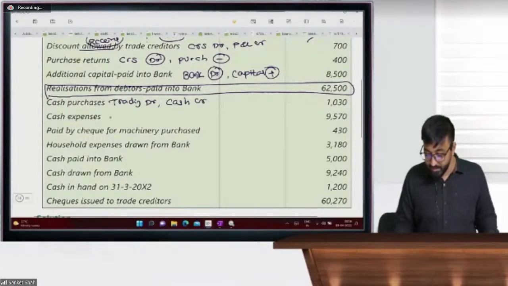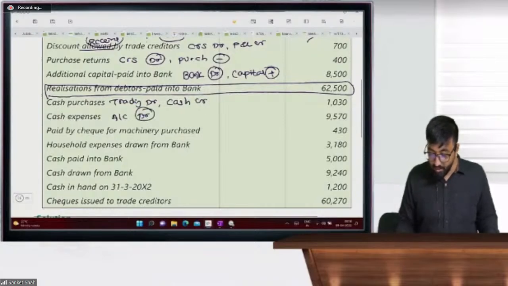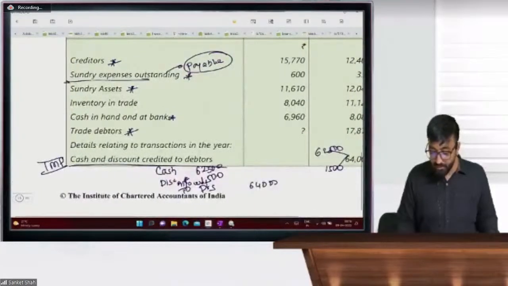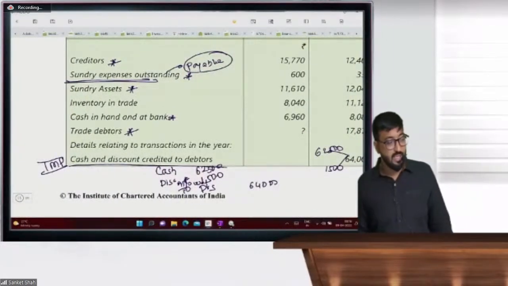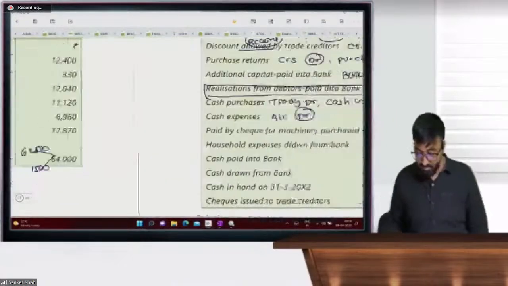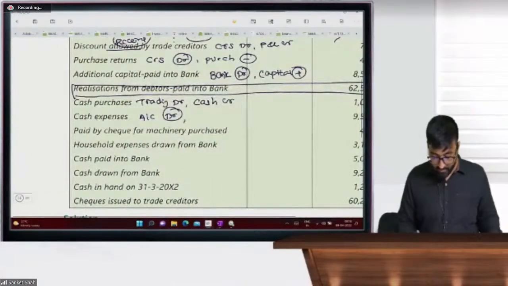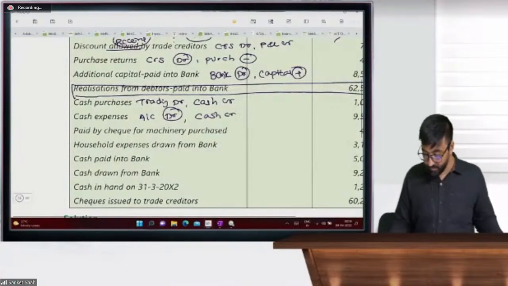Cash expenses, sundry expense account. The account we opened. Sundry expense account, beta, we opened here. Sundry expense account is opened. So account के डेबिट में and cash के क्रेडिट में.